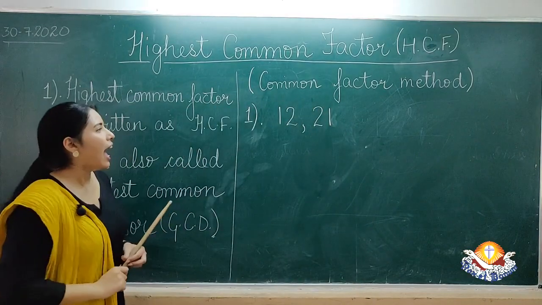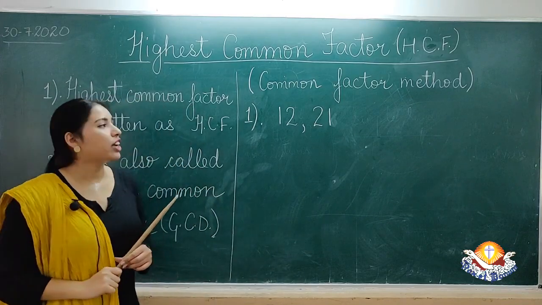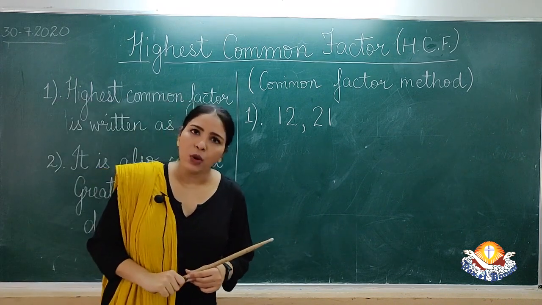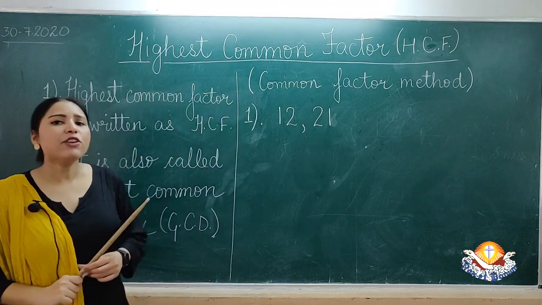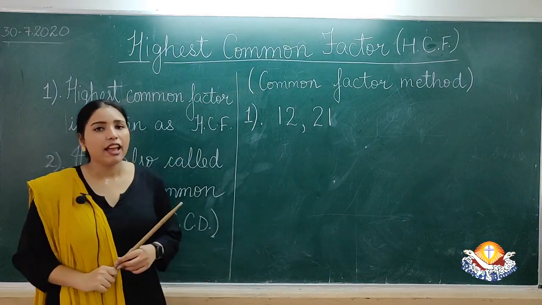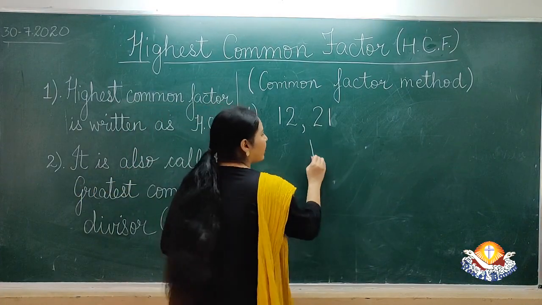So children, as you can see, the two numbers in this sum are 12 and 21. As you might remember, in the common factor sums we used to make a table, and the table was somewhat like this.